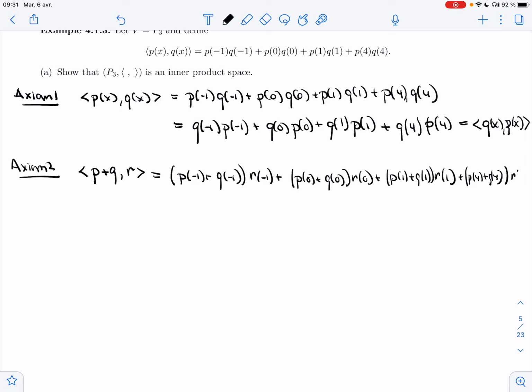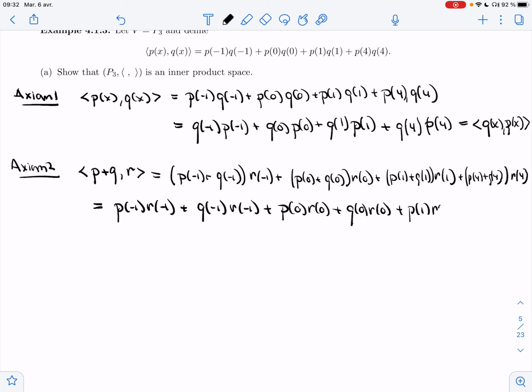Now I'm going to distribute using the fact that these are real numbers, so I get P(-1)R(-1) plus Q(-1)R(-1), plus P(0)R(0). There's no way I'm going to fit that one, so let me use a second line. Plus P(4)R(4), plus Q(4)R(4).